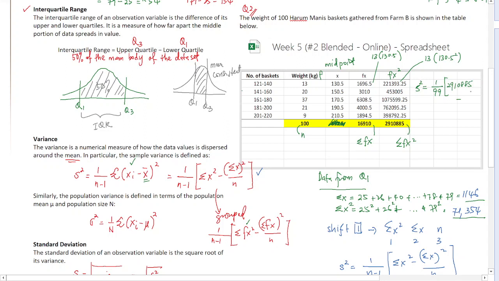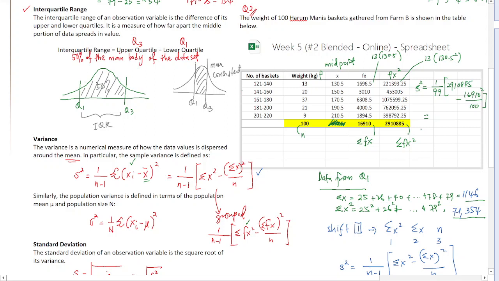So summation of fx is 16910 squared, and then divided by 100, and then close the bracket. Okay, when you calculate this one, you should get the answer.